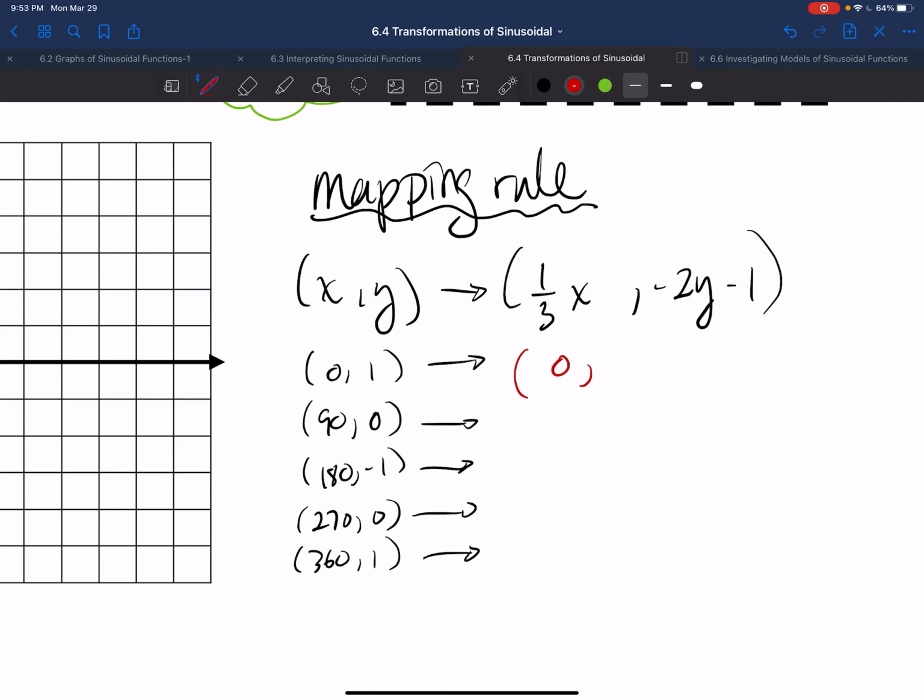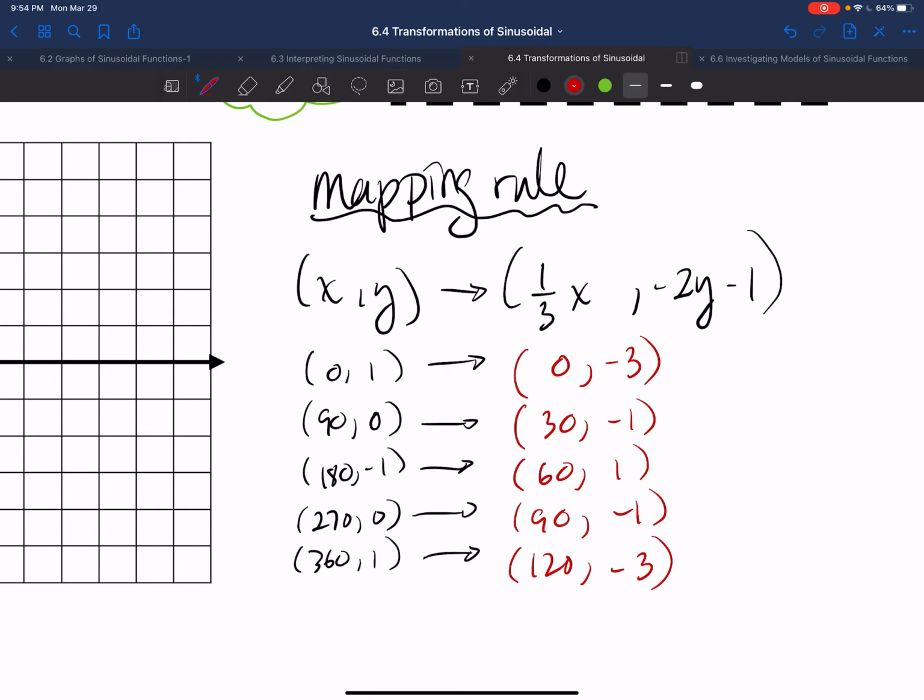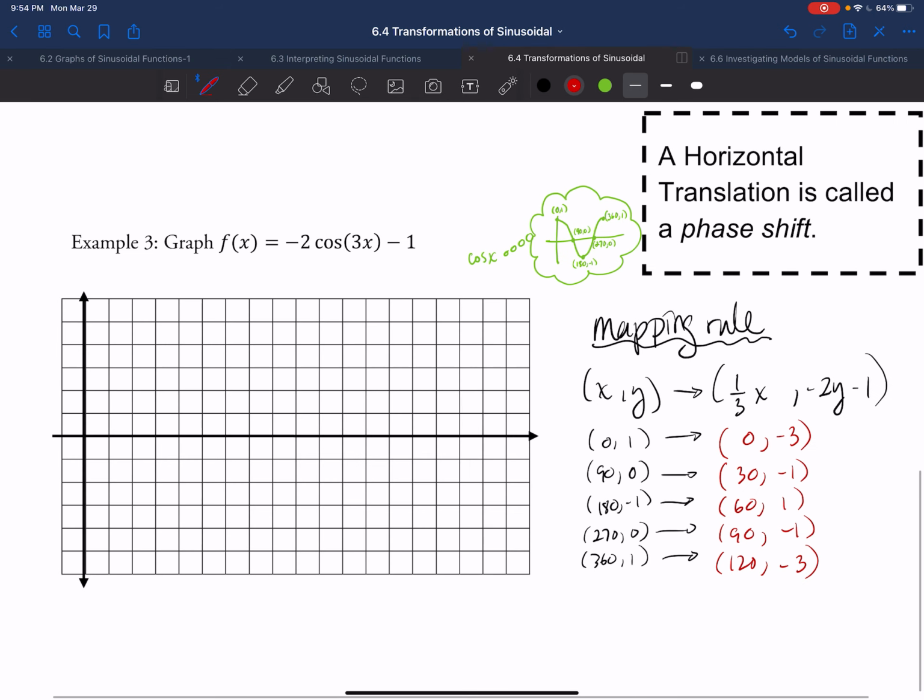So 0, -3, 30, -1, 60, positive 2, 1, 90, -1, and 120, -3. Okay, so those are the coordinates of your new graph.